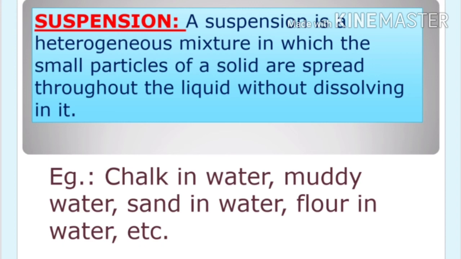Solution अलग है, sorry, suspension अलग है. So this type of a substance is known as a suspension. ठीक है? More examples are there: sand in water, flour in water, etc.